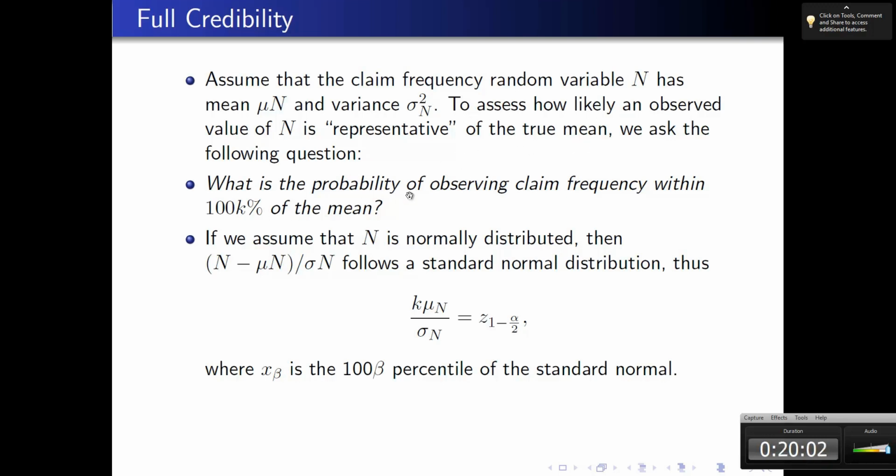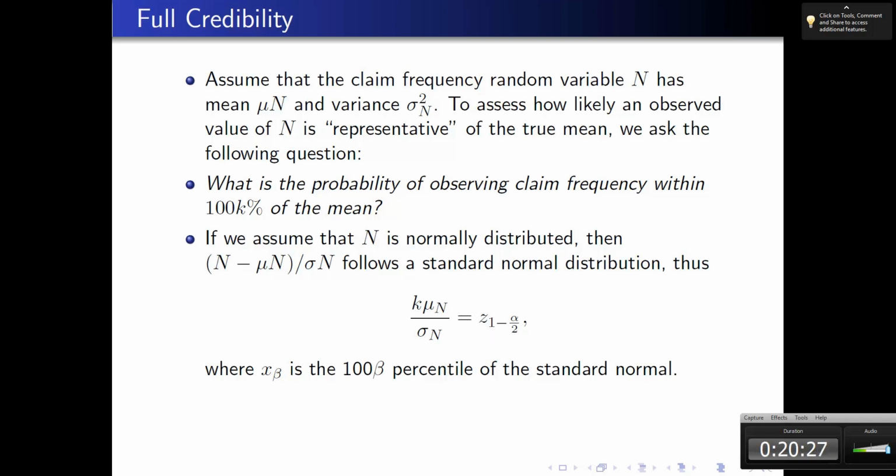What is the probability of observing claim frequency within this 100k% of the mean? So this is like the general question for many tasks, and we are going to answer this question using this formula. So this factor, the k percentage of mu over sigma, will be that value.